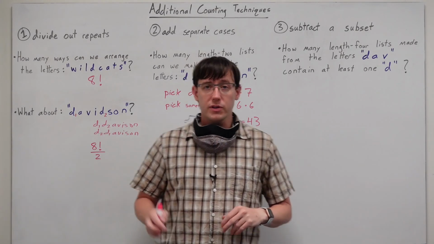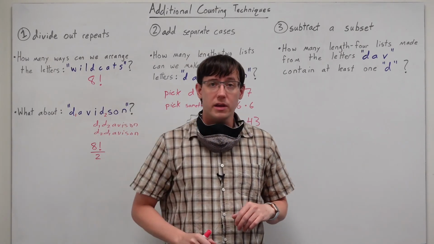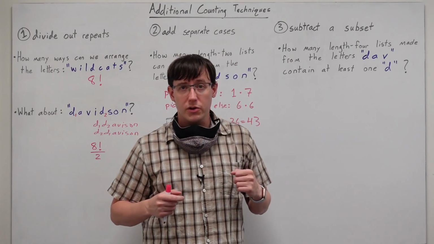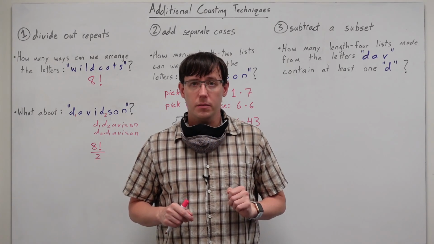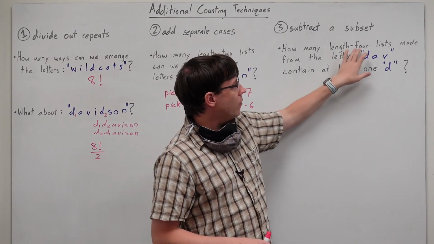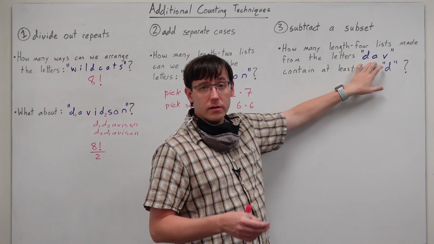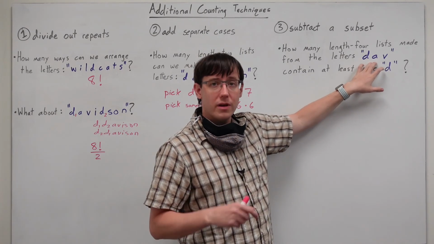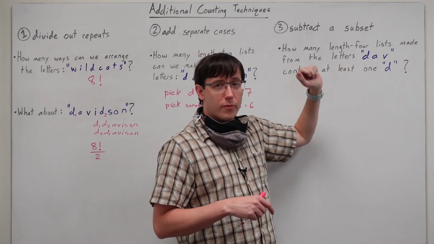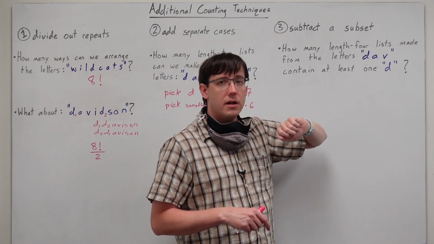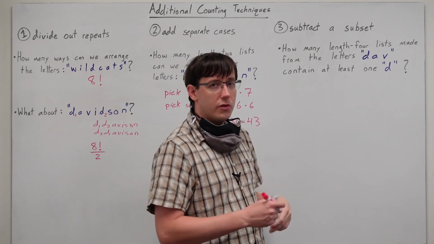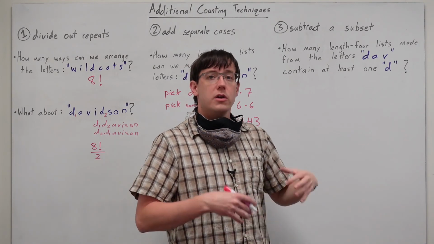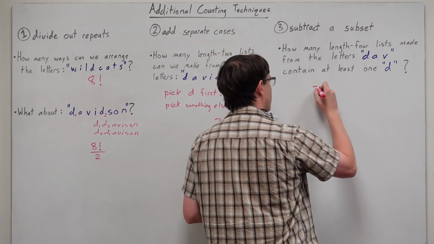And a third approach that is related to each of these is to subtract from the total a subset that doesn't meet our criteria. Here, if we are making length 4 lists out of these 3 letters, and repeats are allowed, then we have 3 possibilities for the first letter, then 3 possibilities for the second, and so on. So there are 3 to the 4th total lists.